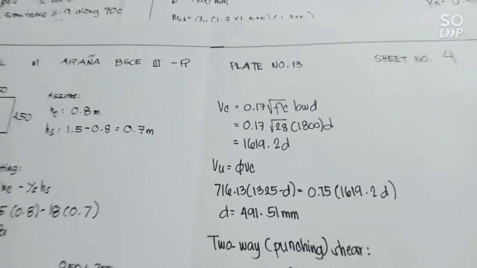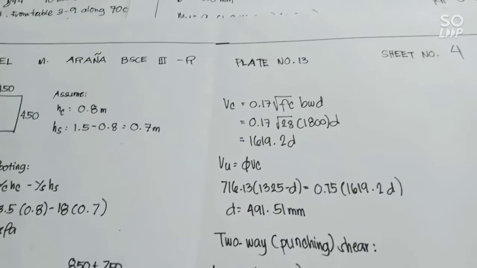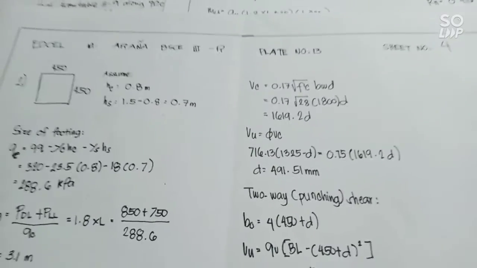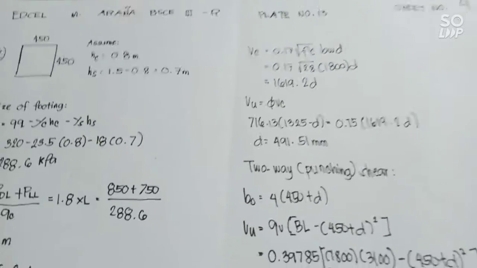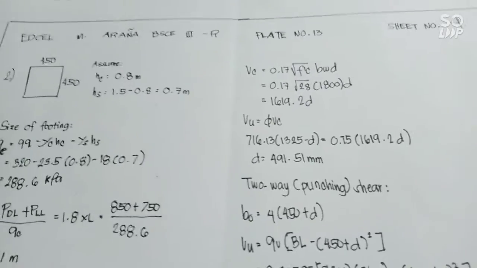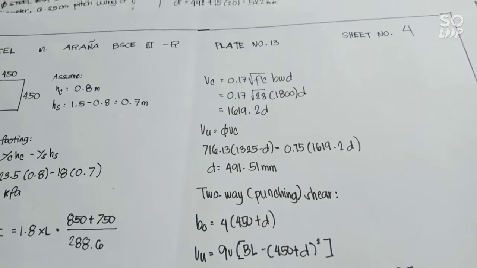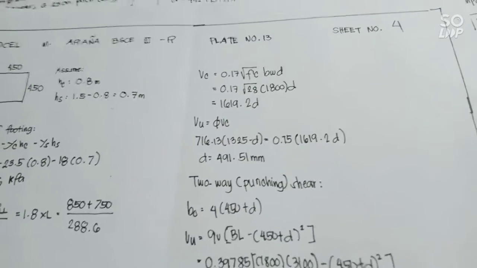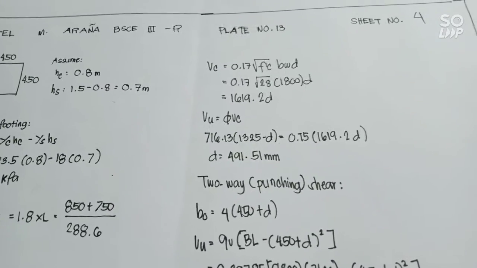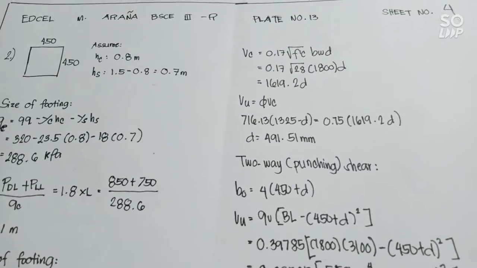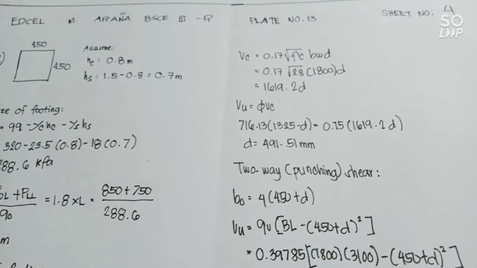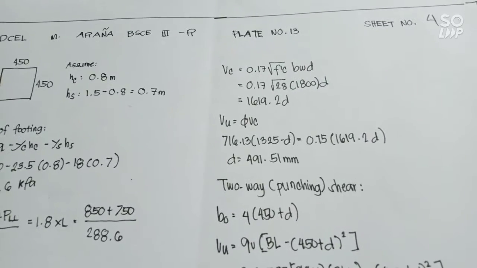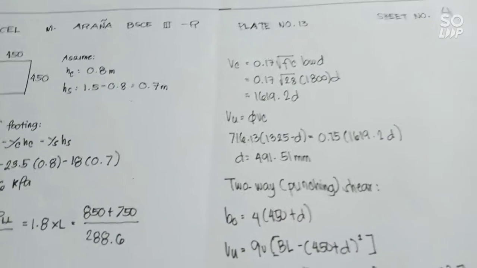So our shear strength is 1619.2 d, and we equate VU is equal to the correction factor, which is 0.75, times the shear strength, to find the d. So substitute 716.13 times 1325 minus d, the factored shear force, is equal to 0.75, the correction factor, times 1619.2 d, the shear strength.